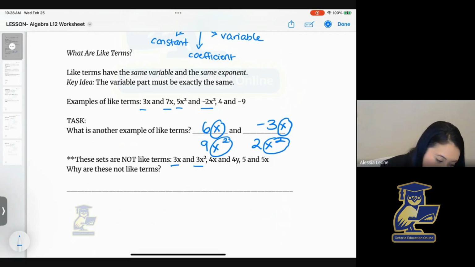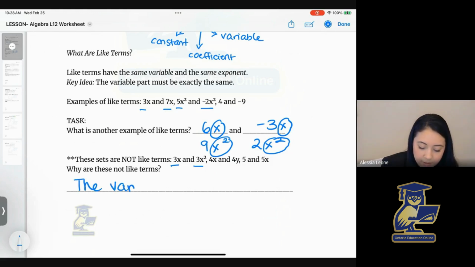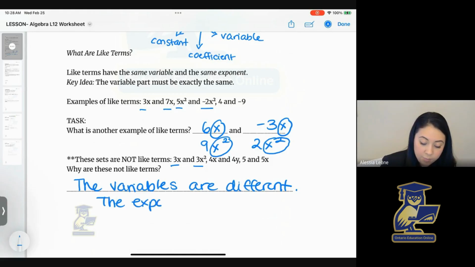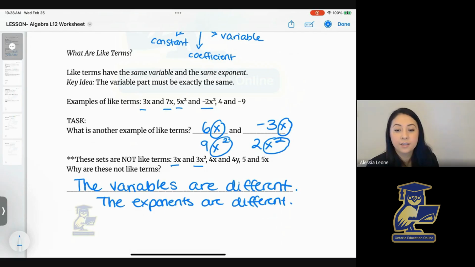Our answer will be: the variables are different. The exponents are different. That's why they are not like terms.